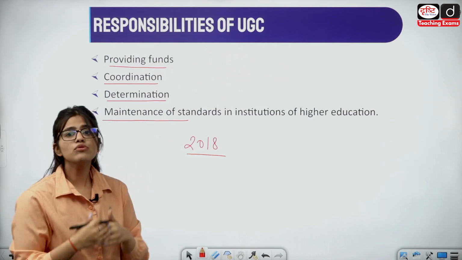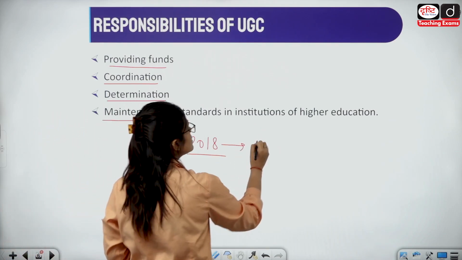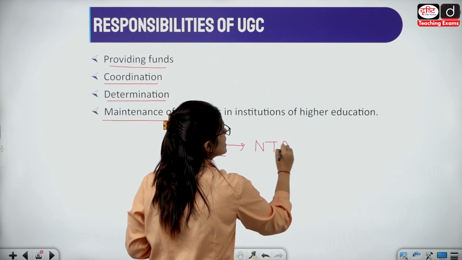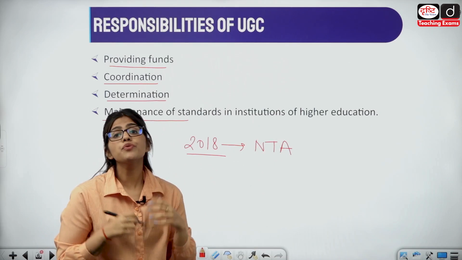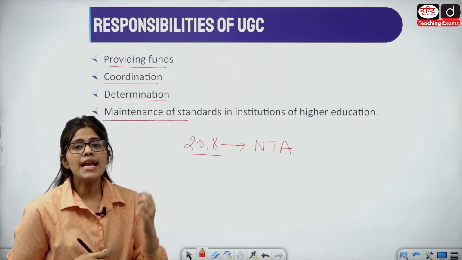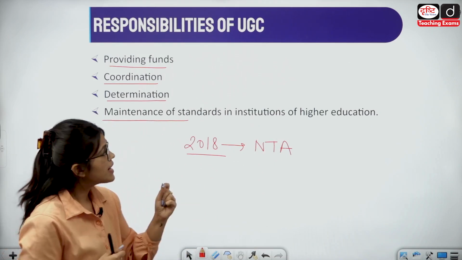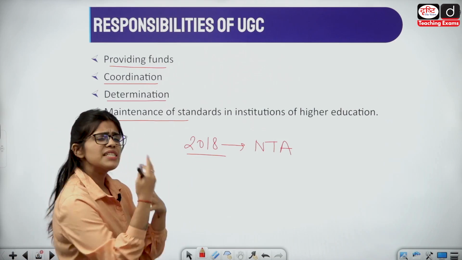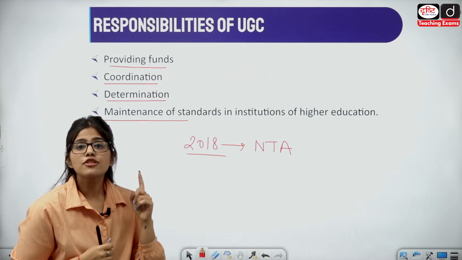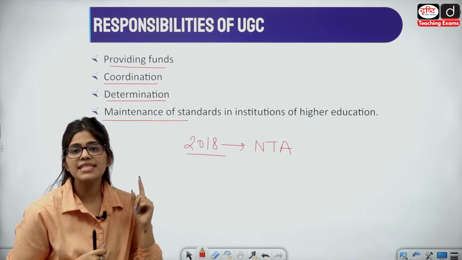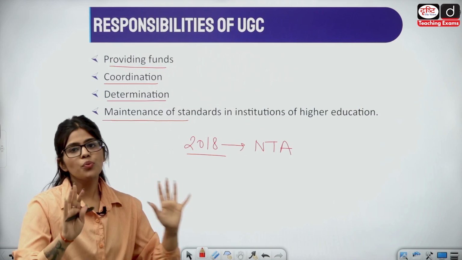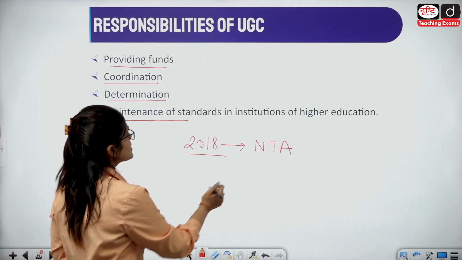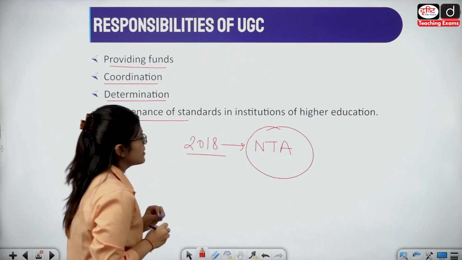But after 2018, we had another body called the NTA, the National Testing Agency, that started to conduct the exam. NTA is a body that works under, or you can say works with, the UGC, so that your examination is carried forward smoothly and properly all over the country. So NTA started to conduct the exam.